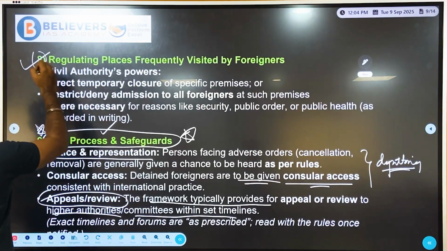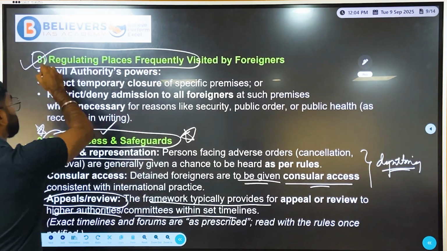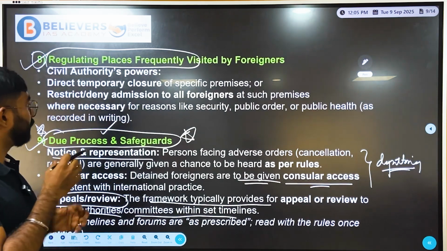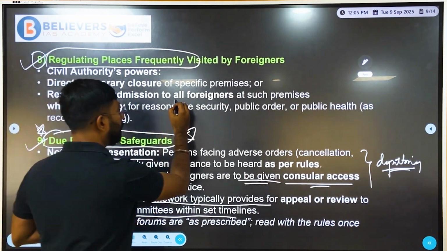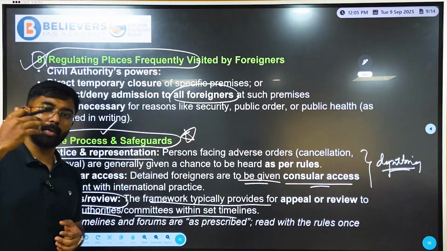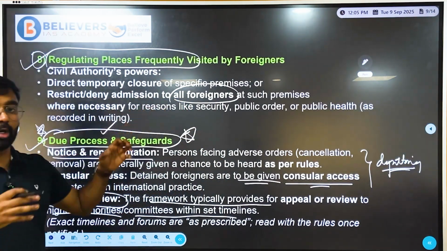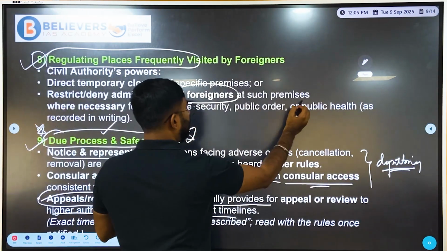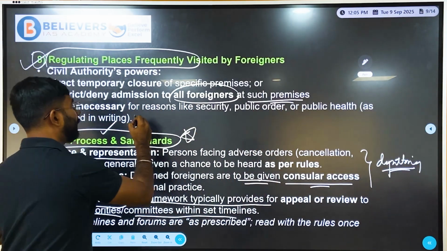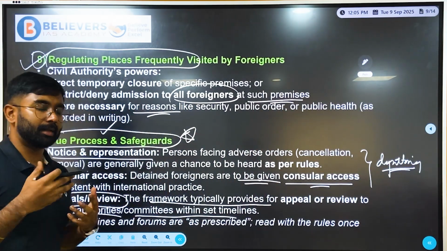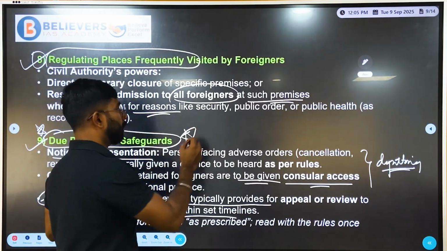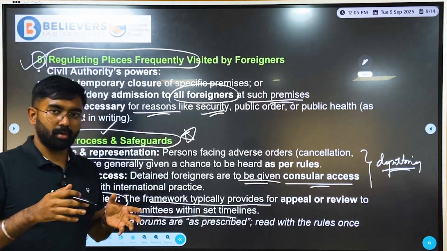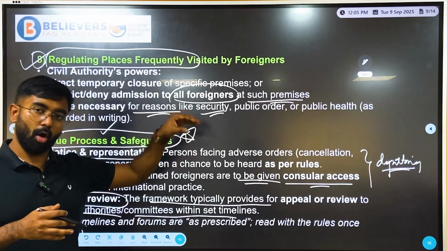And also this extends certain authority to the local civil authority to ban a few foreigners, right? Put a temporary ban or a permanent ban on foreigners from certain premises, right? In the purview that it is going to obstruct the security of that particular region, or it is going to affect public order or public health.